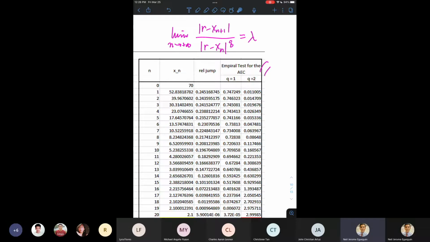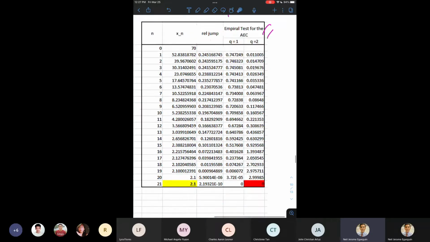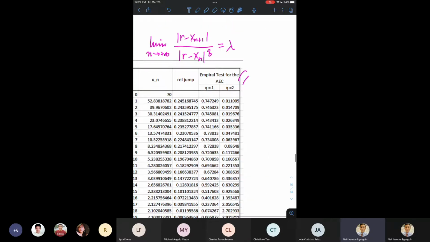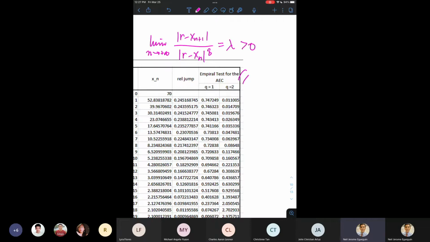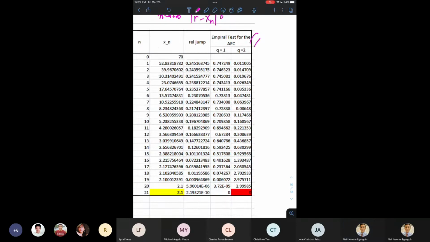Kung siya ay linear convergence, titingnan ko, dapat yung sequence sa mga estimates sa asymptotic error constant dapat magko-converge sa isang number. Alright? So I tallied that. So Q equals 1. Kaya lang tingnan nyo siya. Mukhang magzi-zero siya. Remember, the asymptotic error constant must be greater than 0.